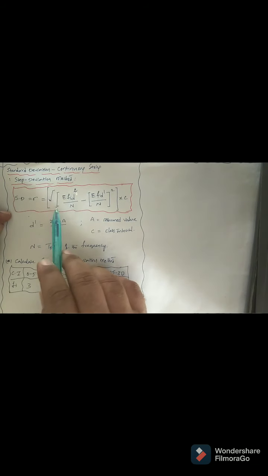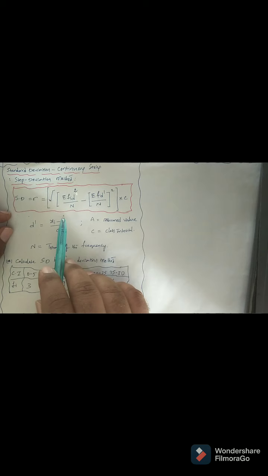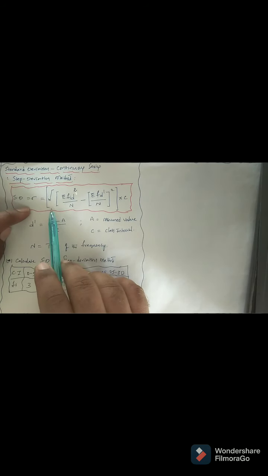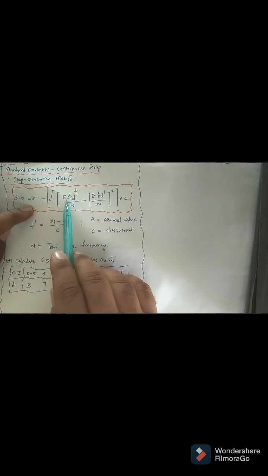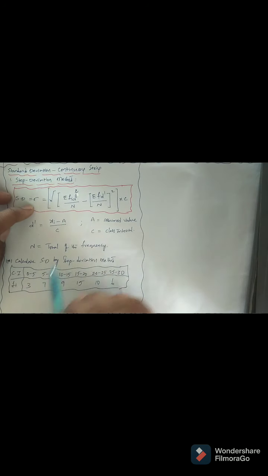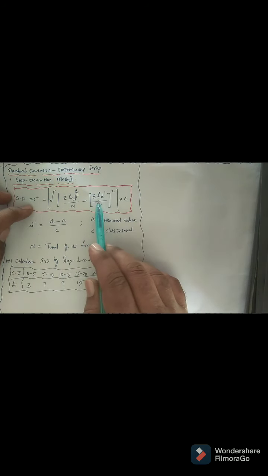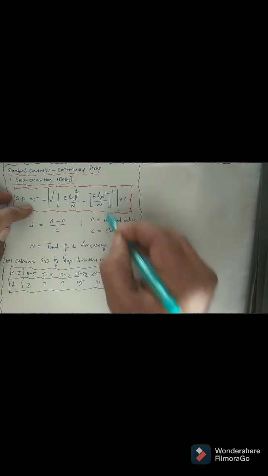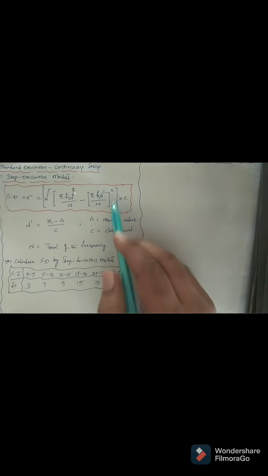So this is the formula for step deviation method to calculate standard deviation. Under the square root is sigma fi d dash square by n minus sigma fi d dash by n whole square.